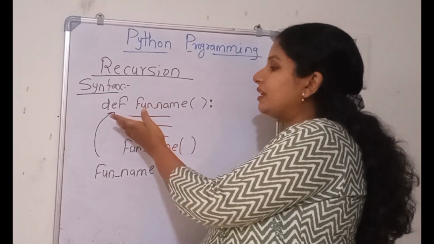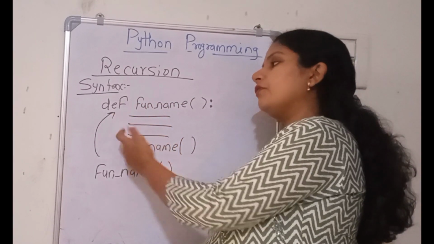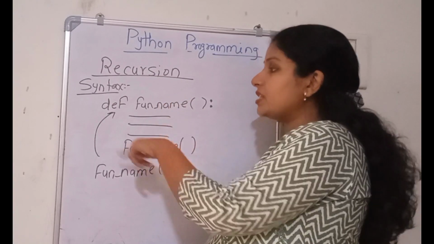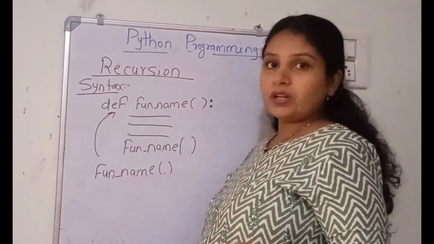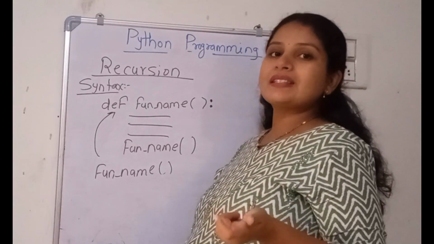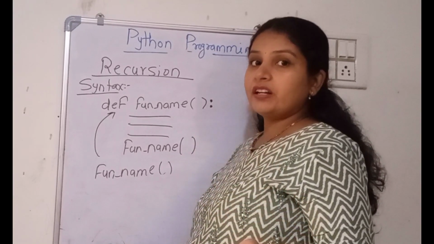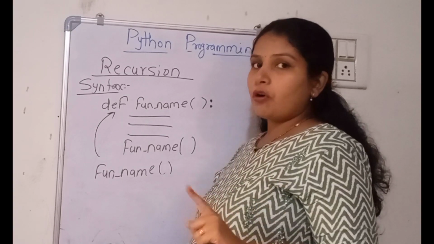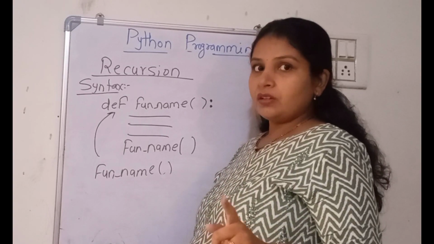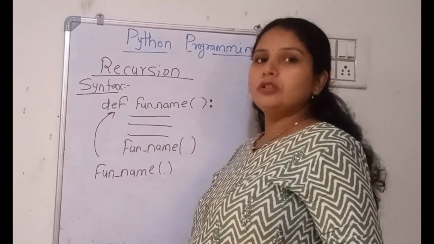After executing these statements, you are calling the function again. This will be repeated till you achieve your result. And how can you tell that you have achieved your result? By putting some condition, just like you do in for loop and while loop, right? Because it is also a loop.